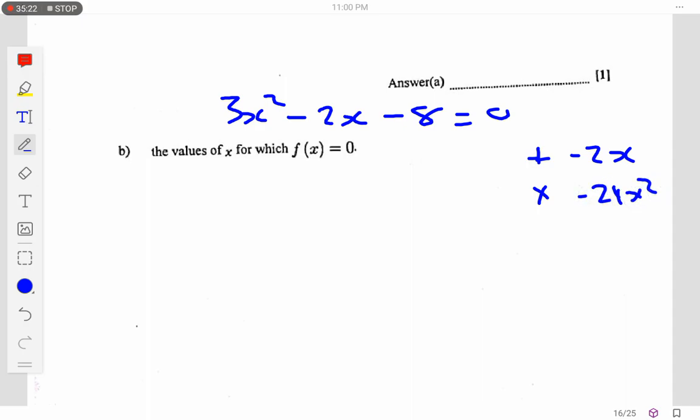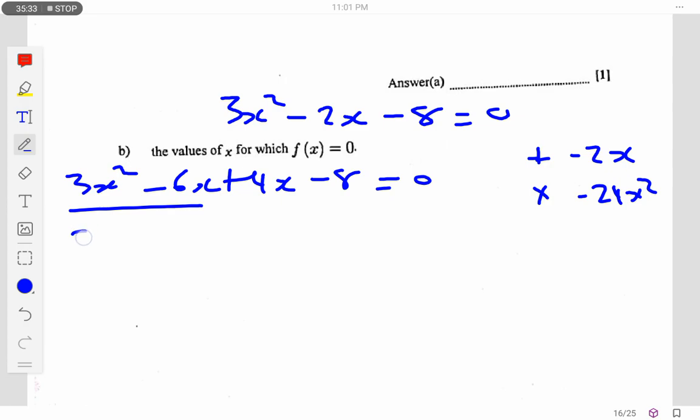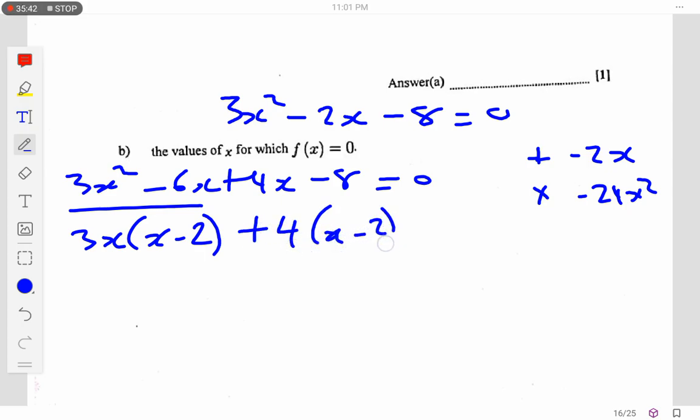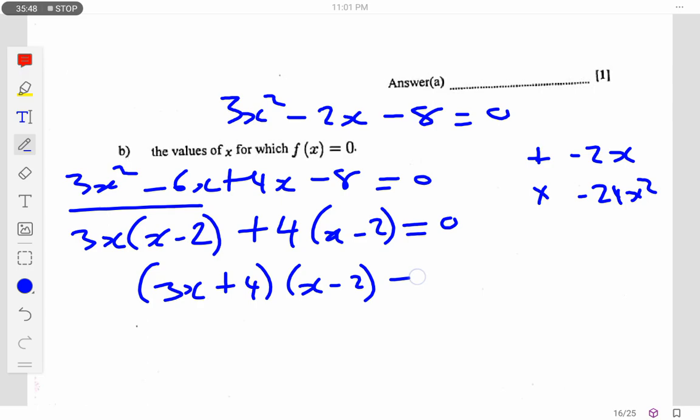So you find I have 6 and 4. So I am going to rewrite it as 3x squared minus 6x plus 4x minus 8 is equal to 0. Factoring, for the first two terms 3x, I remain with x minus 2, plus 4 for the last two, x minus 2 here, is equal to 0. So I have 3x plus 4 and x minus 2 is equal to 0.